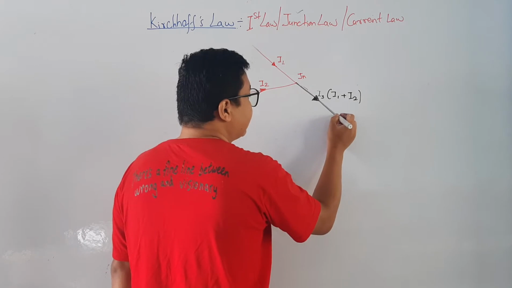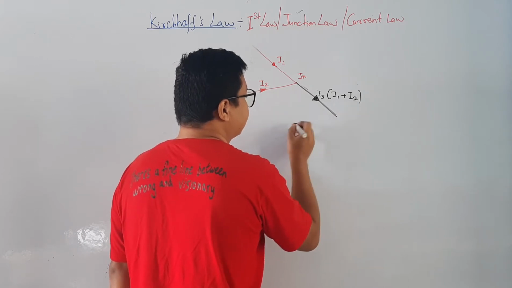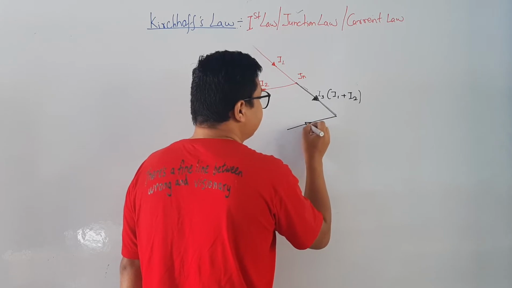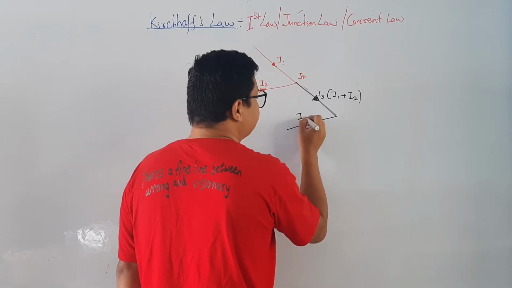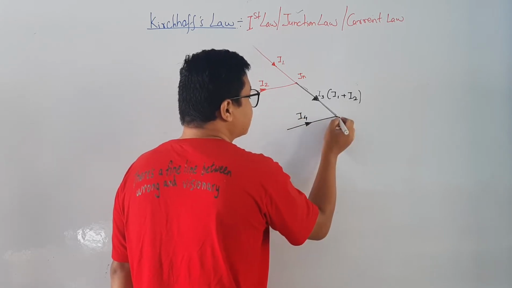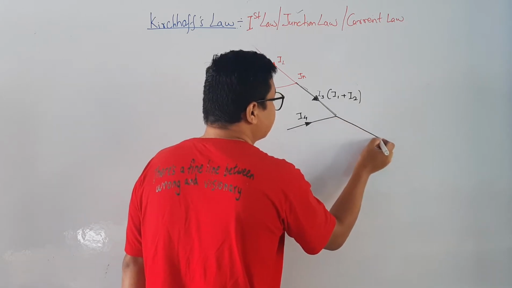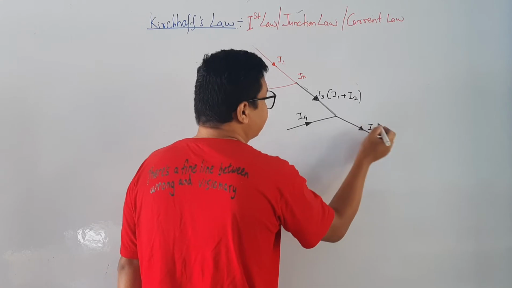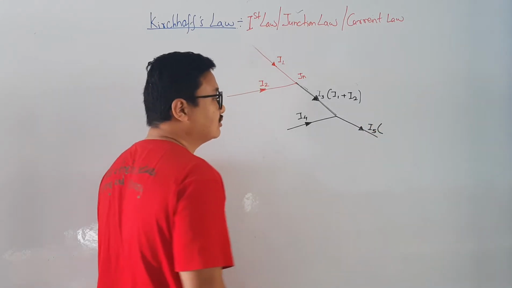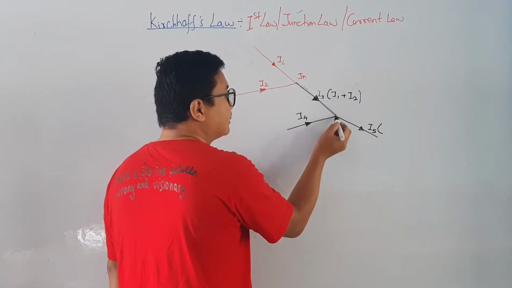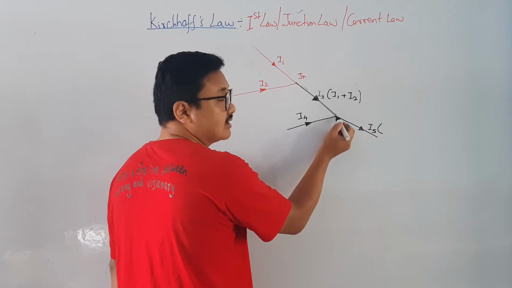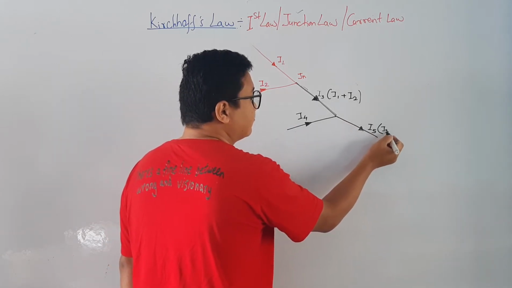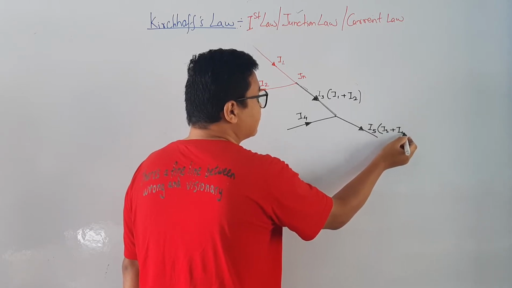Now again let us consider another current. This current has come here, and its value is I4, and from this there is the outgoing current, say I5. And this I5 is equal to how much? I3 is coming at this junction and I4 is coming at this junction, so this current should be equal to I3 plus I4.